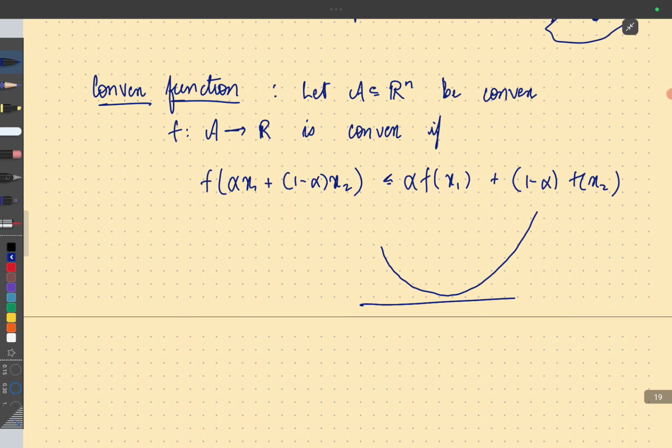So if you take any 2 points, let's say I take x1 and x2, this point here is x1 comma f of x1. This point here is x2 comma f of x2.